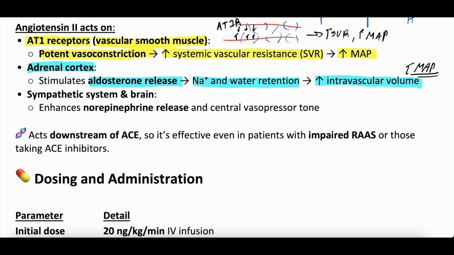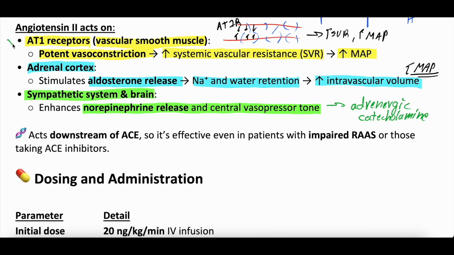And then the third path in which angiotensin II works is the sympathetic system in the brain. It enhances norepinephrine release. So there is some echo here of catecholamine-driven pathways, because it actually stimulates the brain to enhance norepinephrine release. So it's really interesting.